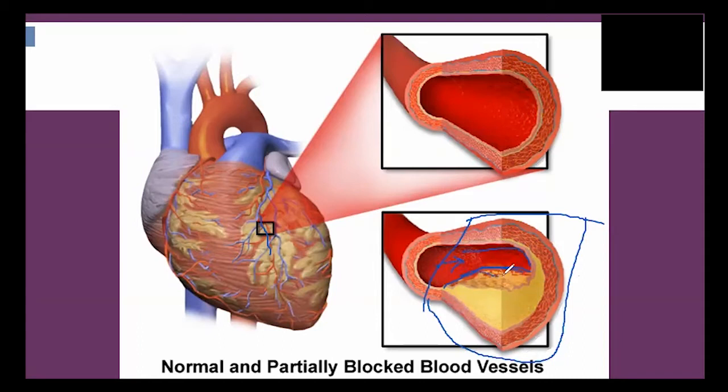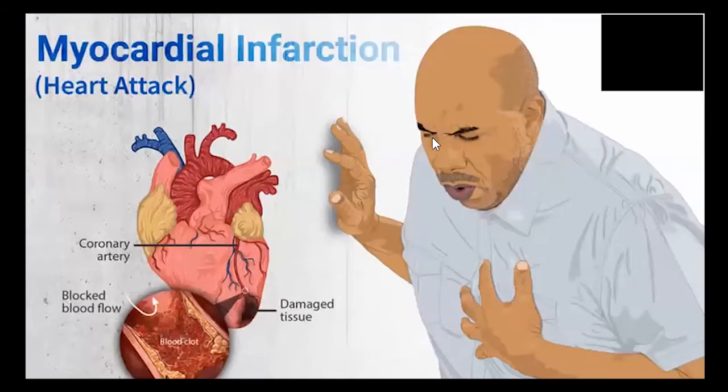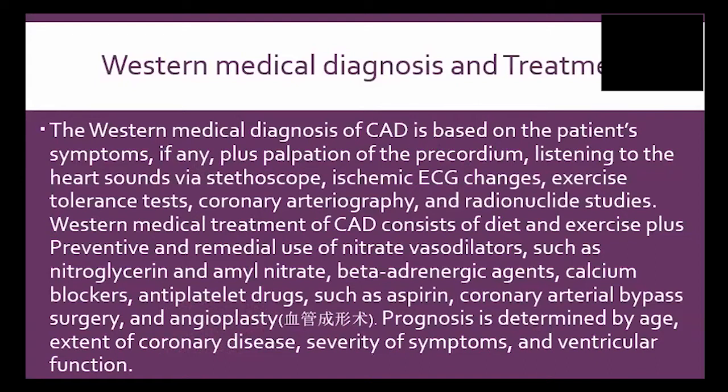That way we can keep the blood flowing there, pushing the blood vessels to dilate more and allow more blood to pass through. So that's how surgery treats these kinds of problems.